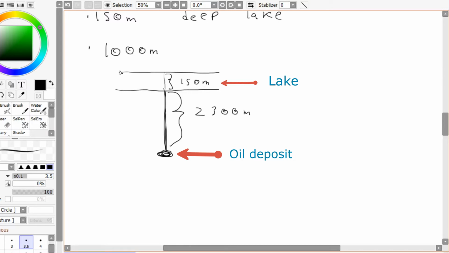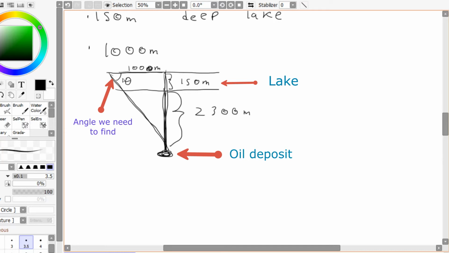The other thing is that we have to make it 1,000 meters, and it actually doesn't matter in which direction, but 1,000 meters away from this point where we are drilling, it's going to have to go on an angle. So this is going to be our angle we want to find.